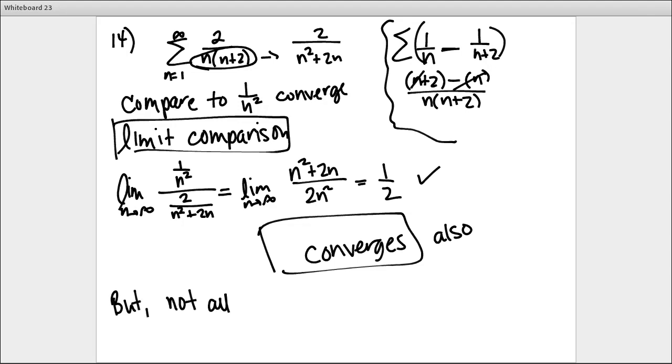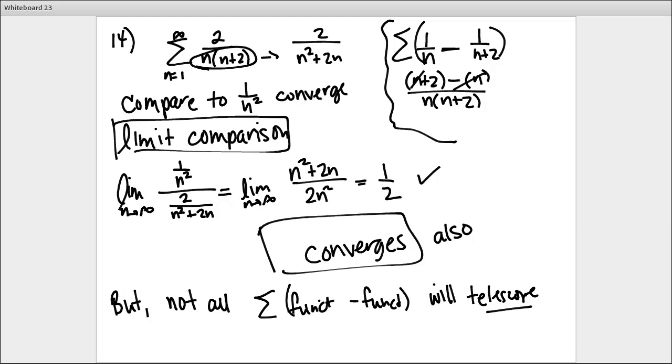And so this guy is telescoping, but not all, if they've got the series and you've got a function minus some other function, not all of these guys will telescope, right? There are ones that won't telescope, so you've got to make sure you start expanding it out and see that terms are actually canceling. Telescoping means that terms will cancel.